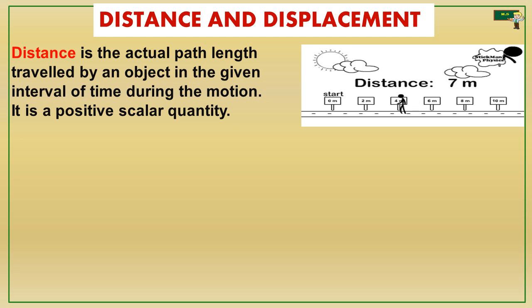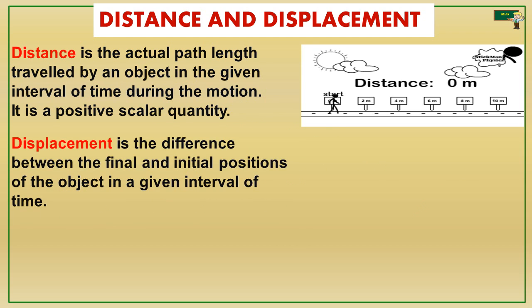See, this person starts at 0 and he ends at 6. So he covered 6 meters first and then he moved to his left and turned back. When he reached here, the distance is 10 meters. Not about the travelled area but about the travelled distance, the length.